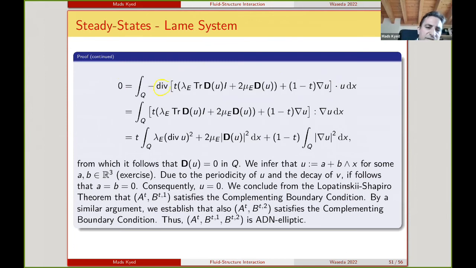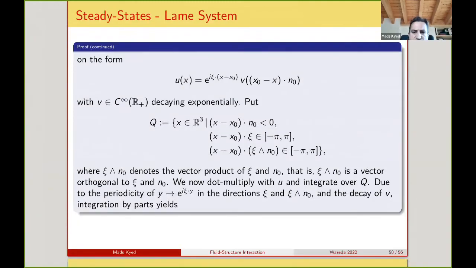Divergence here, obviously, I do integration by parts, so the divergence after integration by parts, I get a gradient of u. Here, this is a scalar product of matrices, so it's just integration by parts, and I don't get any boundary terms due to the periodicity in the tangential direction. So what about the normal directions?